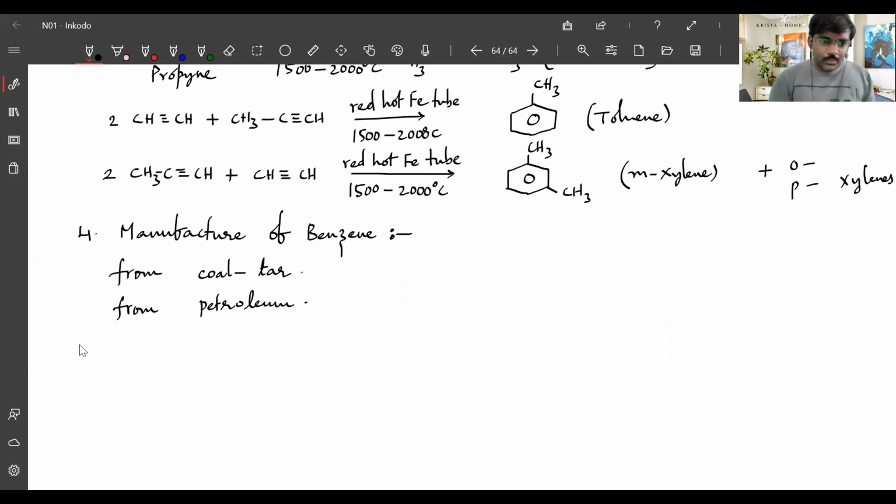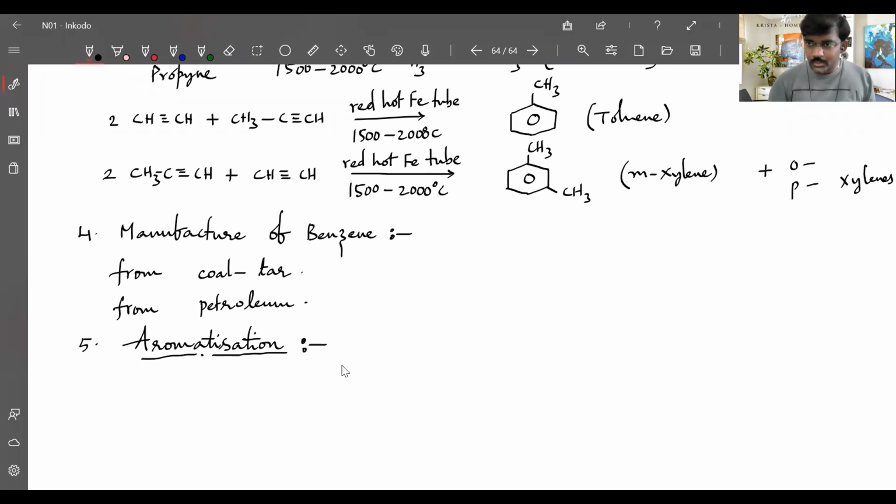There is one more method we have for preparing benzene, which we call the aromatization method. That means we take a normal alkane and convert it into an aromatic compound.